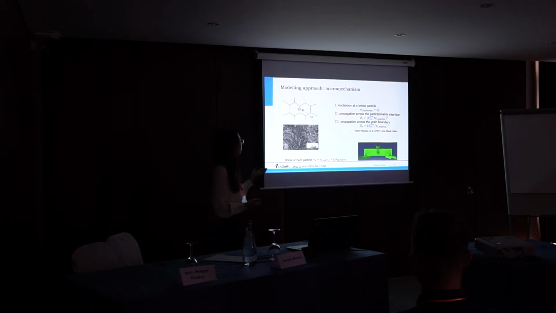Here, for example, we have a 3-point bending test, and we first assume there is no crack propagation, and we calculate the stress distribution at each load level, which is represented by the CTOD value. Then we can estimate the fracture probability at each load increment based on the calculation from the stress field.